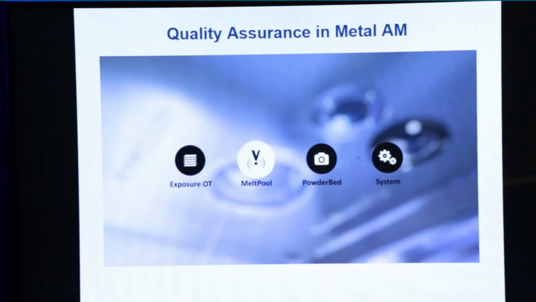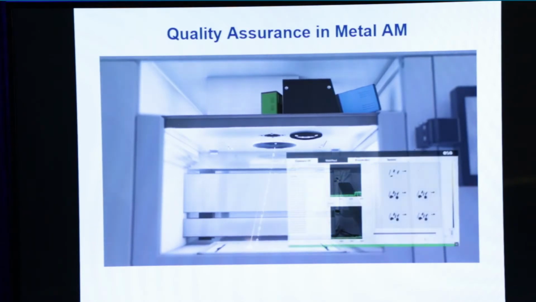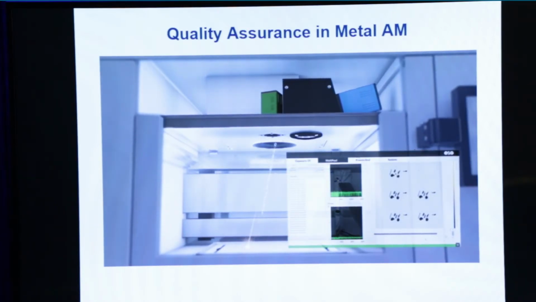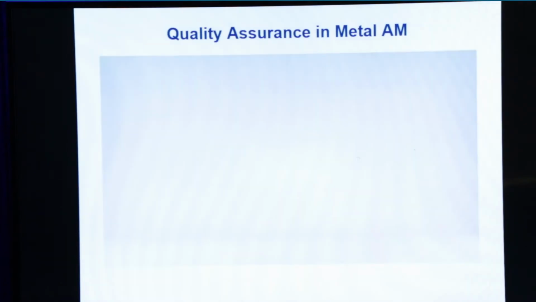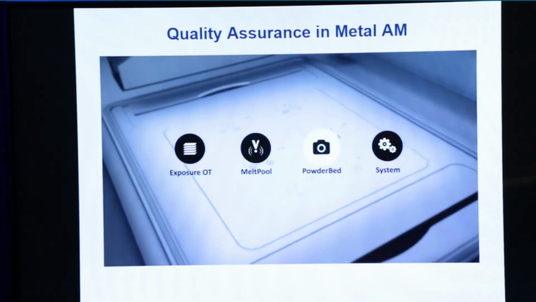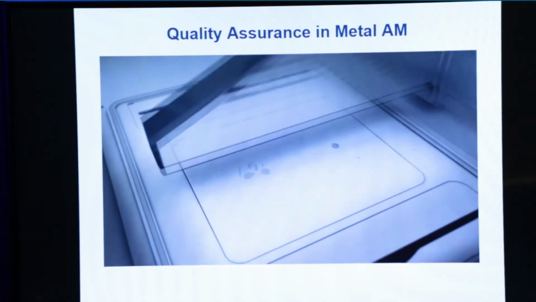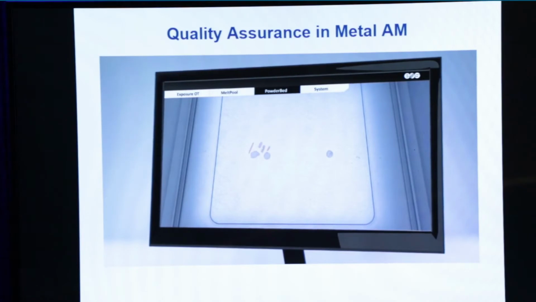EOS State Melt Pool measures and analyzes the melt pool behavior in real time. This enables you to detect part defects and analyze the homogeneity of parts. Also, EOS State Melt Pool provides deep insights for your process development. EOS State Powder Bed monitors each recoating cycle to detect recoating failures or particles in the powder bed.